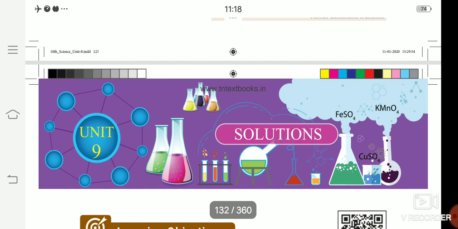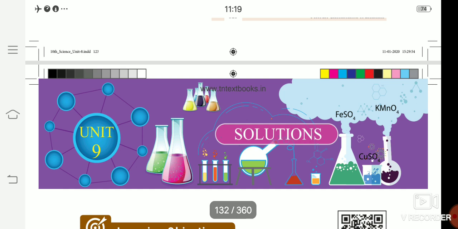A solution has a solute and a solvent. The types are based on the physical state, the type of solvent, the amount of solute, and the concentration and dilution of solute.